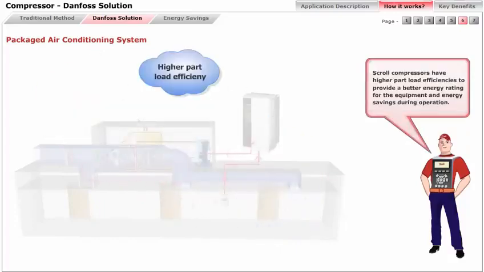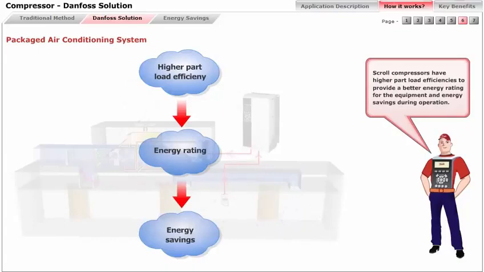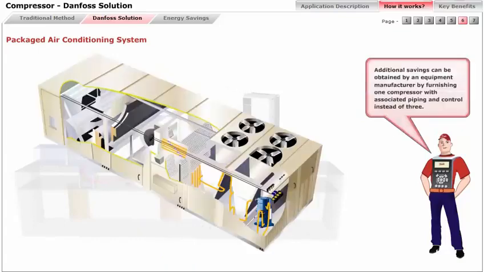Scroll compressors have higher part load efficiencies to provide a better energy rating for the equipment and energy savings during operation. Additional savings can be obtained by an equipment manufacturer by furnishing 1 compressor with associated piping and control instead of 3.